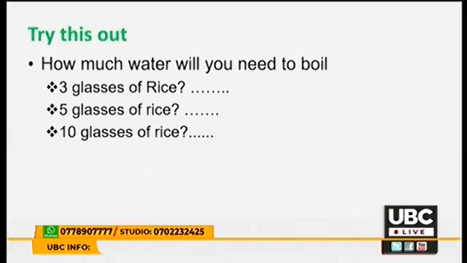Now, try this out. Remember our lines? I would like you to get your pen and paper and find out how much water you will need to boil 3 glasses of rice.